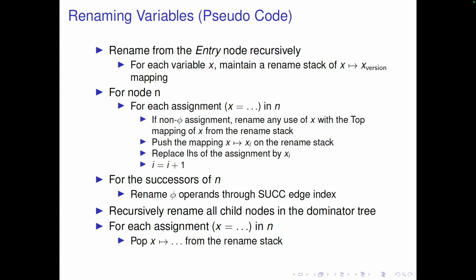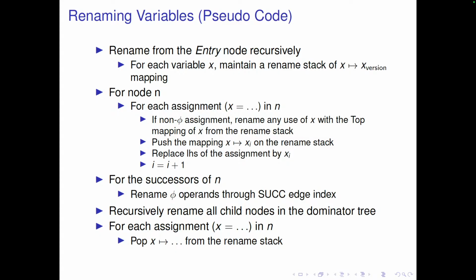Now I have to go into the dominated nodes, the children. What are the children of 4? 7 and 8. So I have done 1, I am in 1, 2, 4. Which one should I pick? 7 or 8? Odd or even?